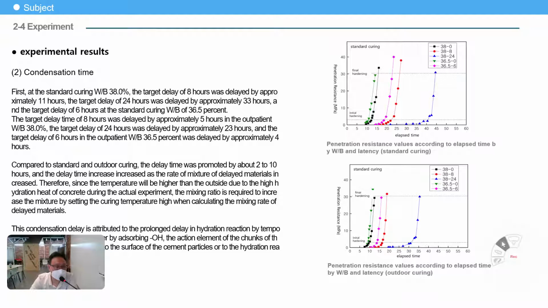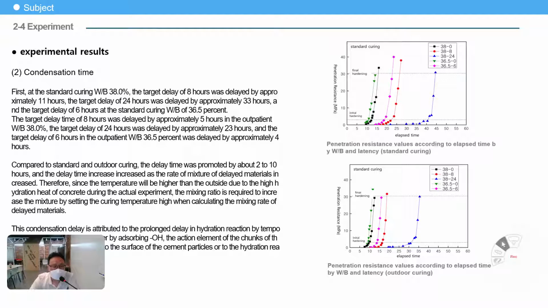Compared to standard and outdoor curing, the delay time was promoted by about 2 to 10 hours, and the delay time increased as the rate of mixture of delayed materials increased.